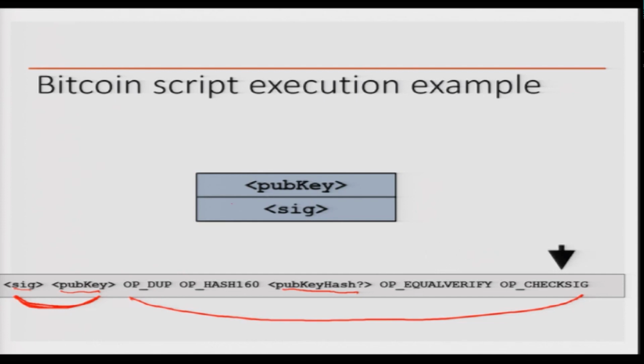The signature is done with the private key. So, if this public key is the correct public key for this private key, then we will get a verification, otherwise the verification will fail. Assuming the verification passes, the stack will be empty, or it will be all true, and then I have succeeded in executing this entire script.